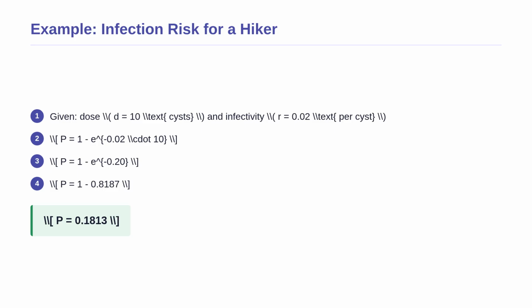Evaluating the exponential part gives us 0.8187, which is the chance the immune system fights it off. Subtracting this from 1 gives our final answer. There is an 18.13% chance of infection from just 10 microscopic cysts.